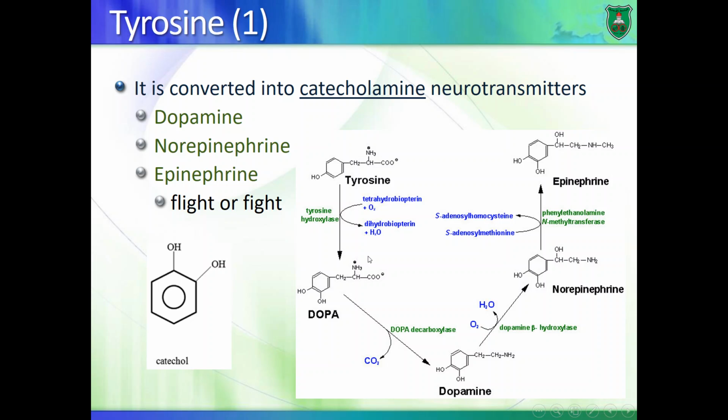You are not responsible for memorizing this pathway or for memorizing the enzymes responsible for the synthesis of each one of them. Okay, just the structures of these neurotransmitters. You're only responsible for knowing that they are derivatives of tyrosine.